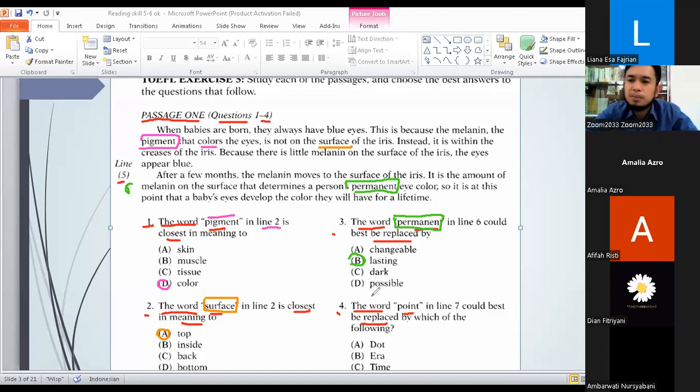So what about number 4? The word point in line 7 could be best replaced by the following. Line 7 for number 4. This one, point.